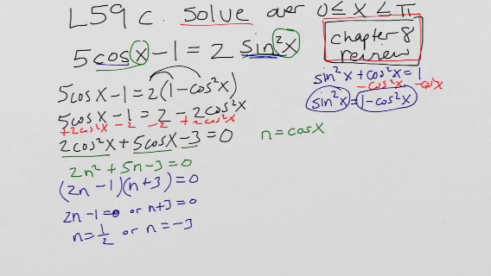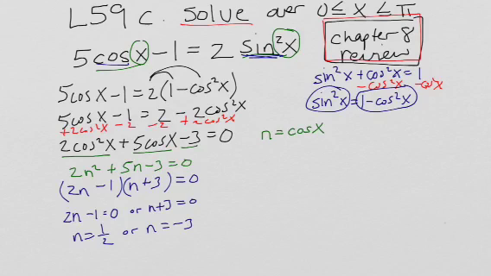Now, this is where we kind of get bogged down in the fact that we've been doing so much quadratic work that we don't want to forget that this is actually a trigonometry problem.